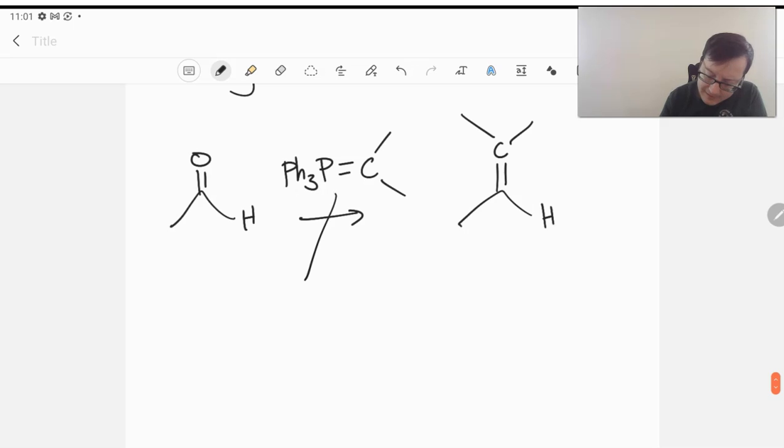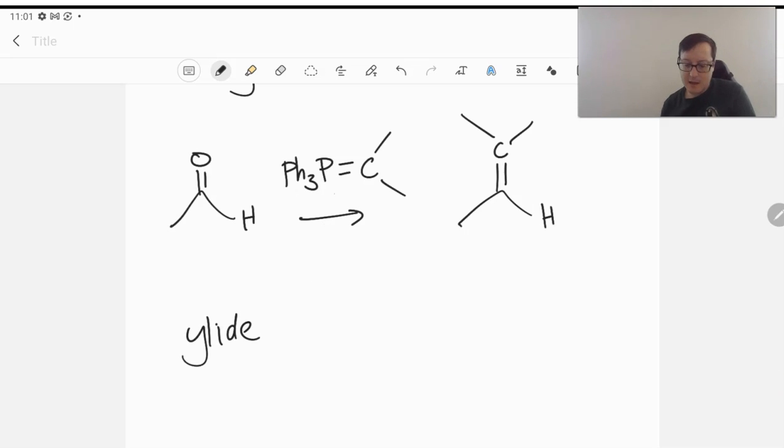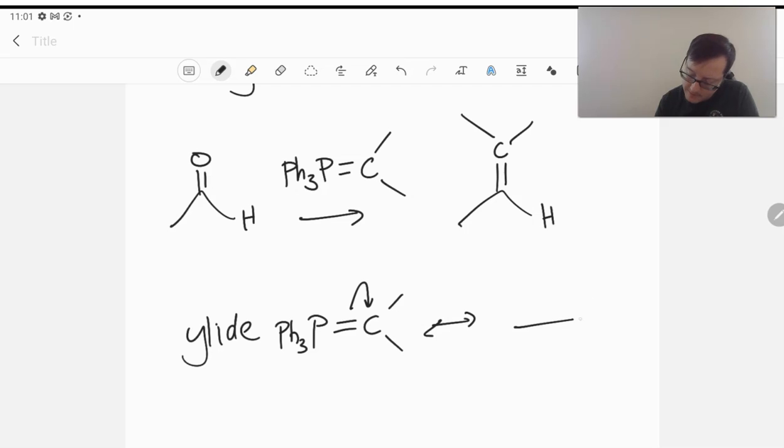This is what's called an ylide. Because while we see it as a phosphorus with its phenyl groups, what really happens is we have the resonance form that has the carbon with the negative charge, and it's stabilized by the heteroatom, the phosphorus, with the positive charge.